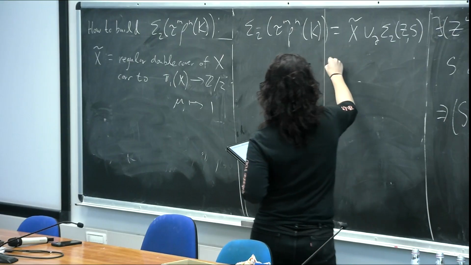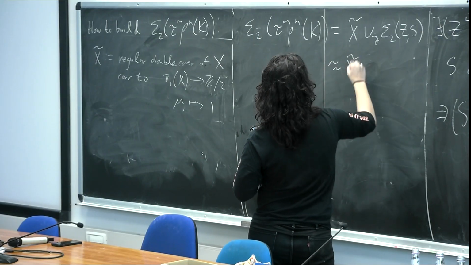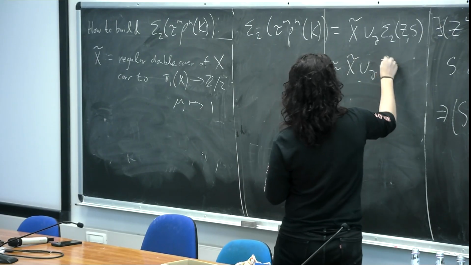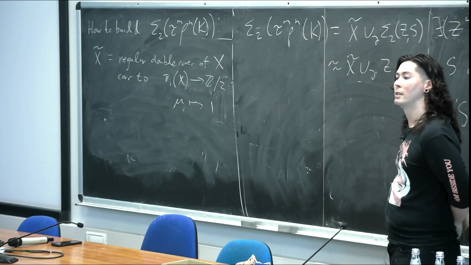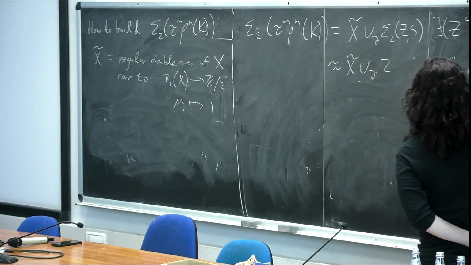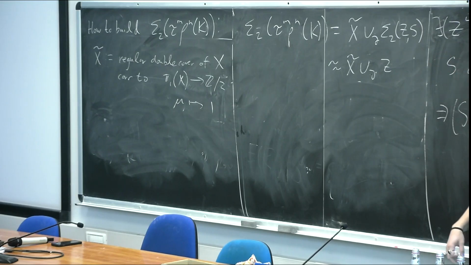But the point is that the double branch cover of Z is actually homeomorphic to Z itself. I didn't get to draw a picture, but Z is made up of two pieces.